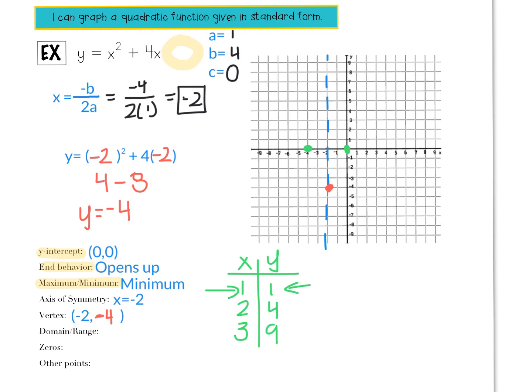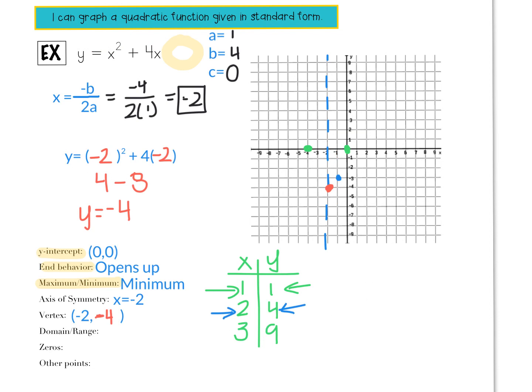So from the vertex over 1, I'm going to go up 1 because I'm following that quadratic pattern. And if I shift over 2, I'm going to go up 4. So if I shift over 2, 1, 2, 3, 4, which we already knew because it happened to be my y-intercept, and if I shift over 3, I can go up 9. So that is a continued pattern.